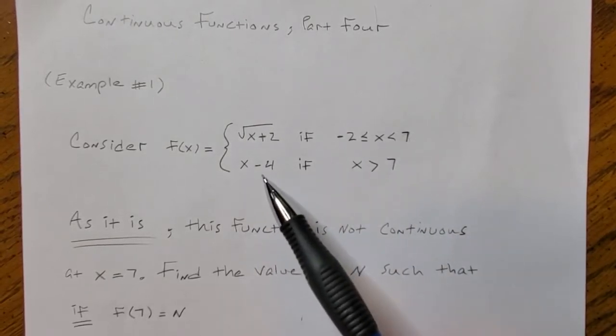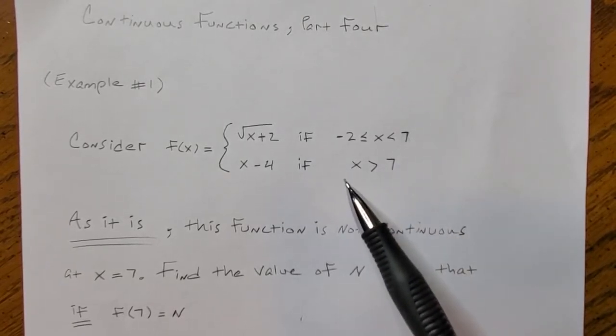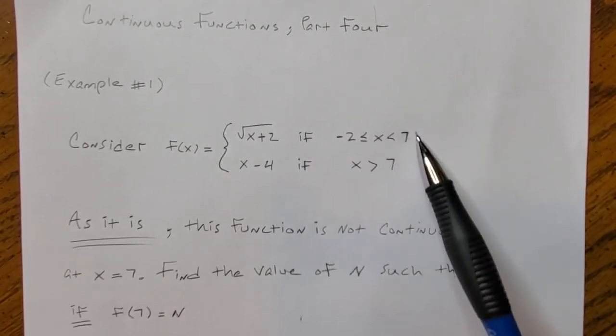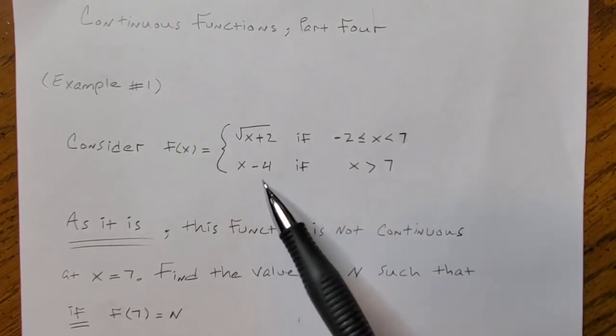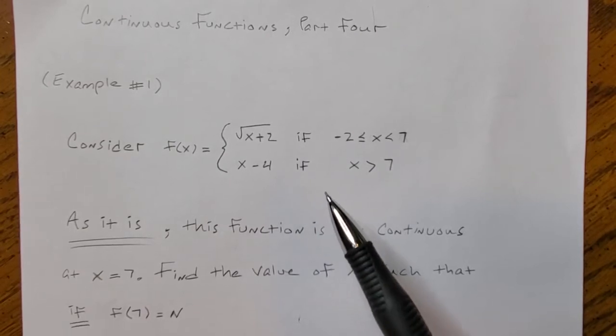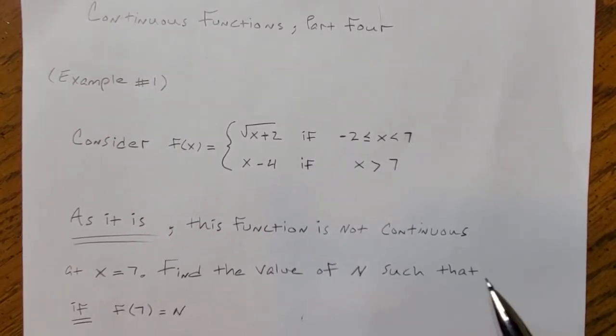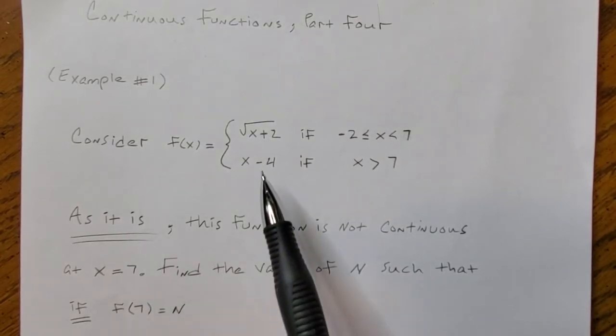And this formula doesn't apply to x being 7 either. It's just for x greater than 7. So 7 doesn't satisfy either of these, so it's implied that the function's undefined at 7. There's no way to get an answer. All right, so that's the way it is when we first look at it.